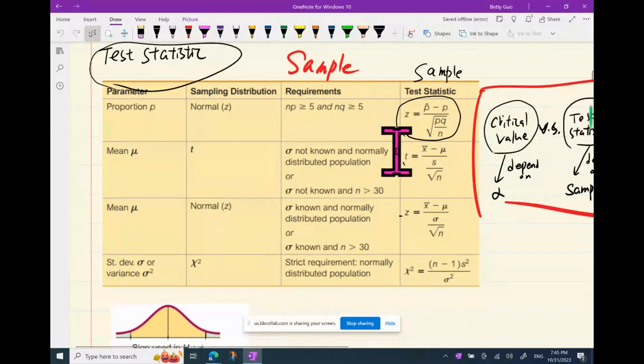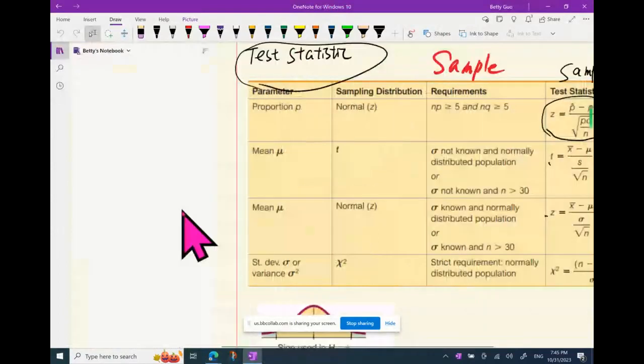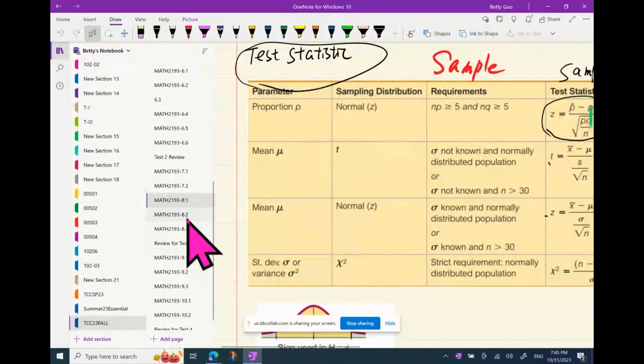Z equals p hat minus p, all over the square root of pq over n. Since the test statistic is a z-score, we are going to have a z-test, or more specifically for our problem, a left-tailed z-test. So here, let me write it down. We are going to have a left-tailed z-test.